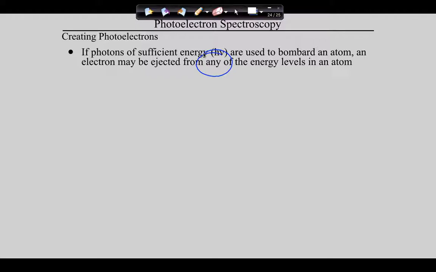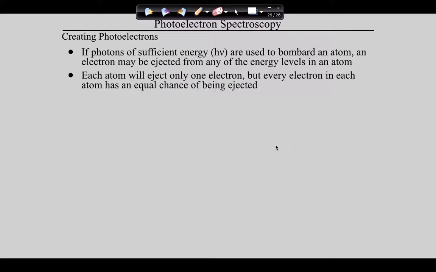These X-ray photons typically have so much energy that they don't just kick out valence electrons, they can kick electrons out of any energy level in the atom, even core electrons. So using PES, we hit it with so much energy that even core electrons can come out.